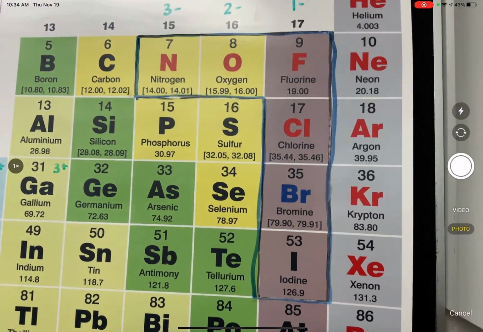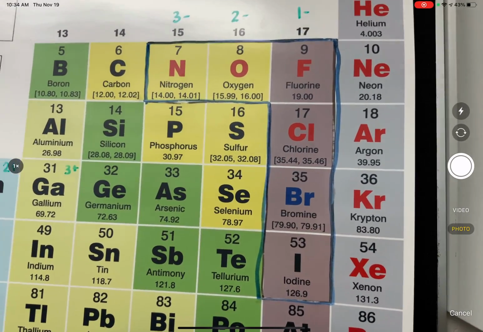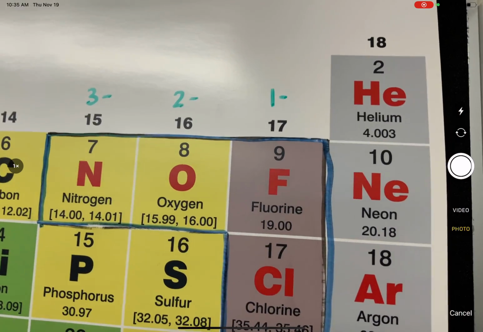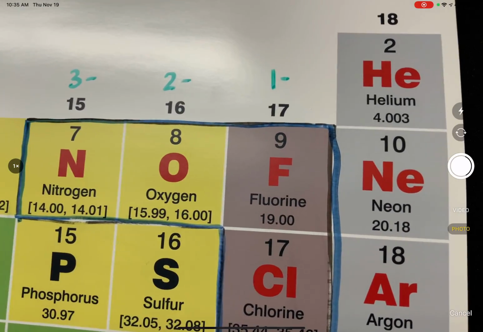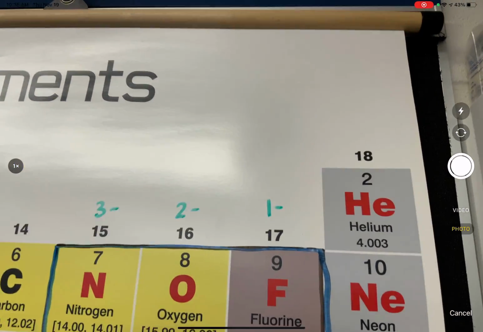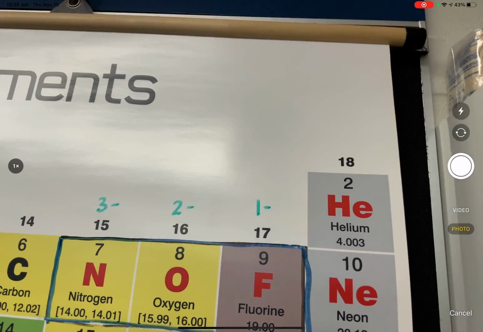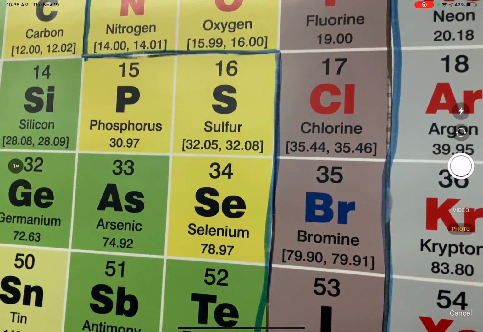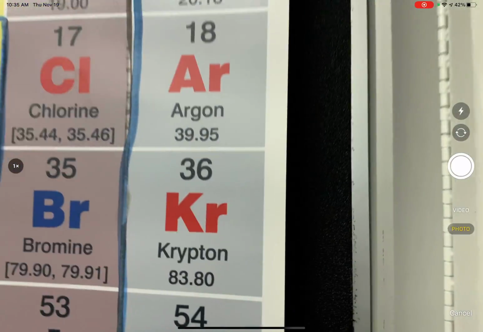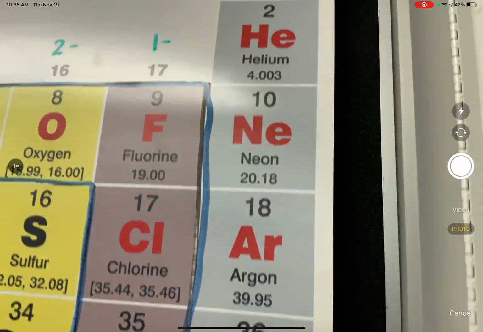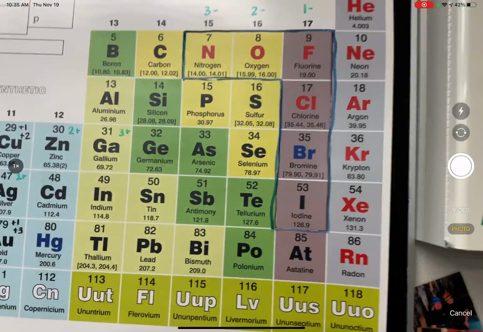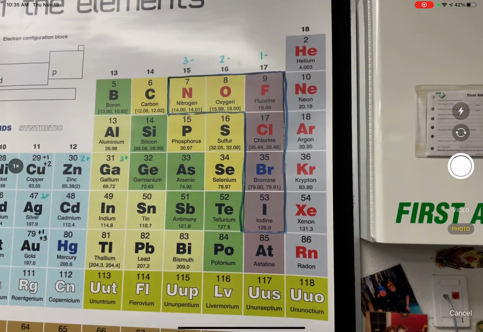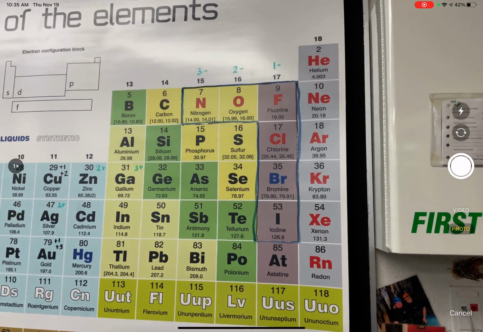So all of these, phosphorus, sulfur, chlorine, they all want to be like argon. If we go up the table, nitrogen, oxygen, fluorine, they all want to be like neon. If we were in the top row, everyone else wants to be in that row like helium. Okay, so these negative ones, they'll actually always have as many as this last one in the row. And these last ones in the row are called noble gases. They're like the coolest elements on the periodic table, and everyone wants to be like them.